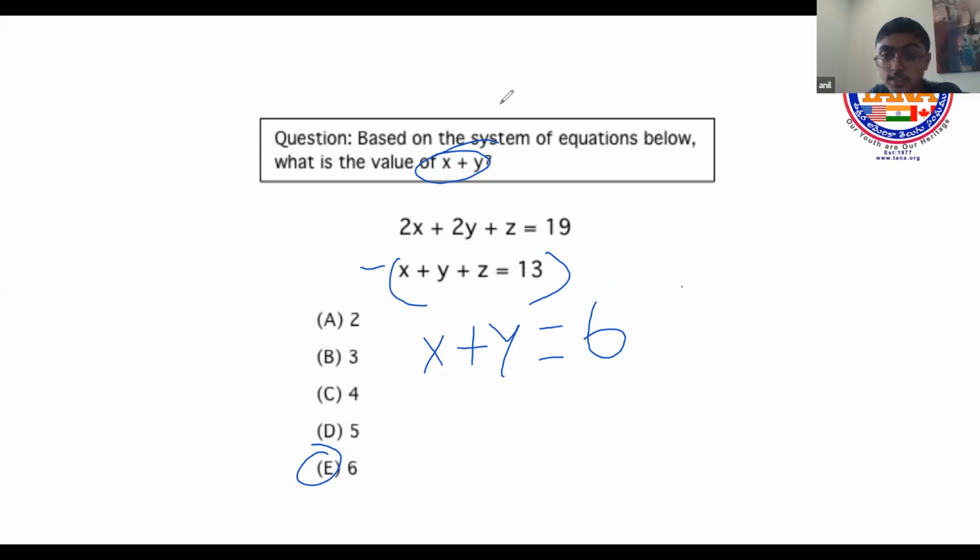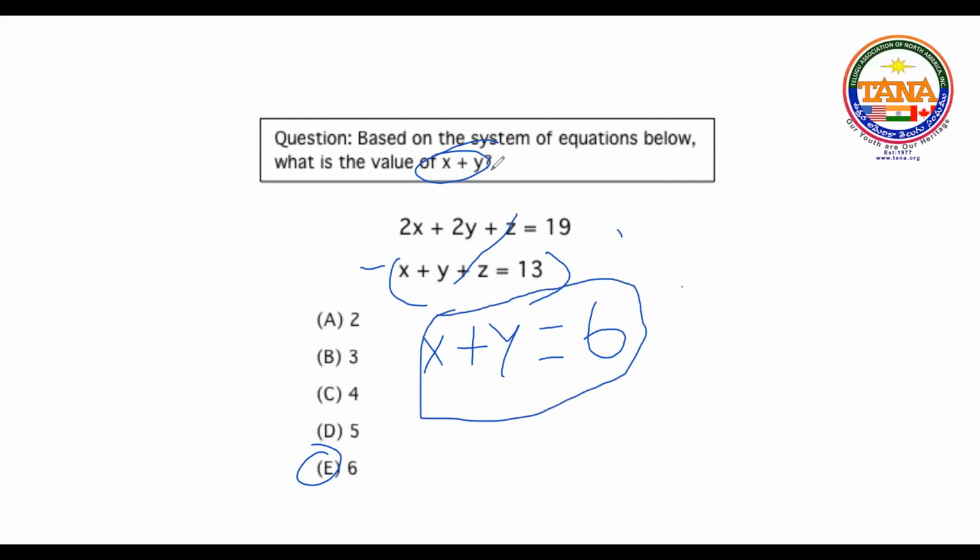All right, so for the person who was asking, I don't understand how you did that. For this one, you know the z is the same, and you only want x plus y. So you can just immediately take out the z's through elimination. And if you subtract it, you do get x plus y equals 6. Real quick, how'd you get z is equal to 7?